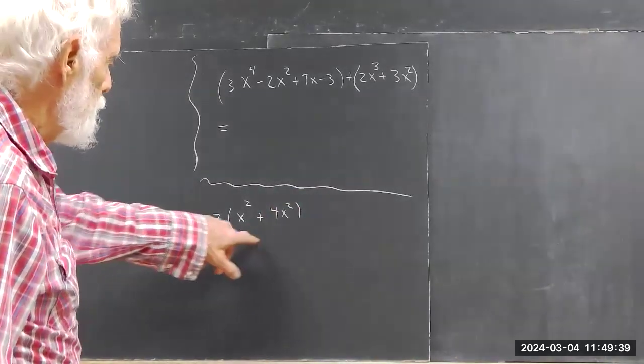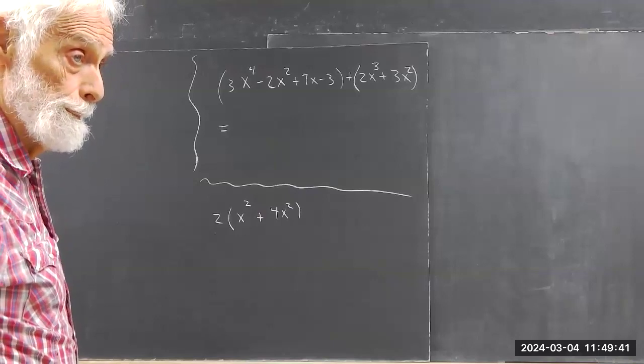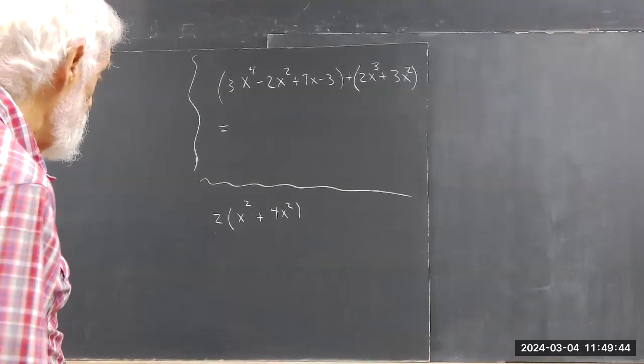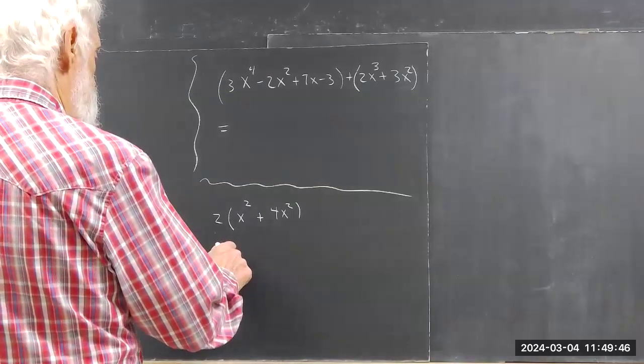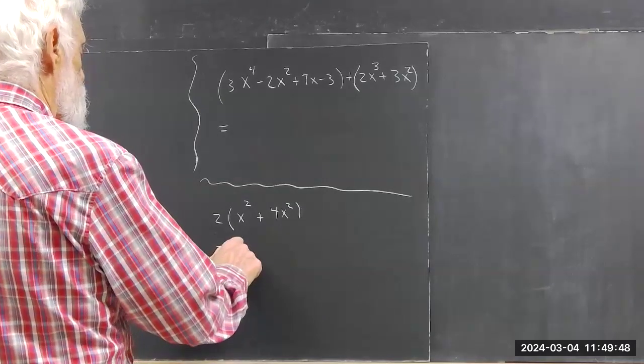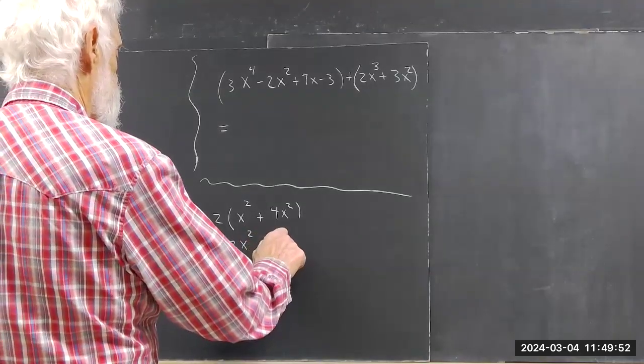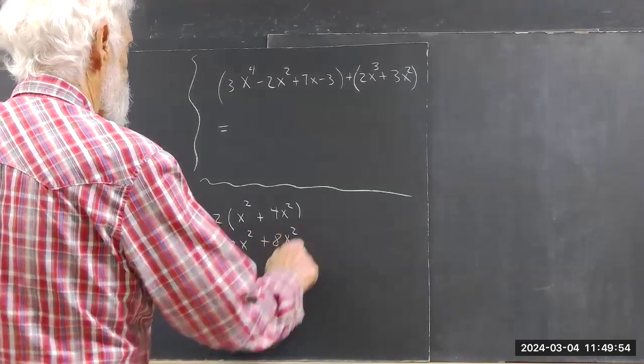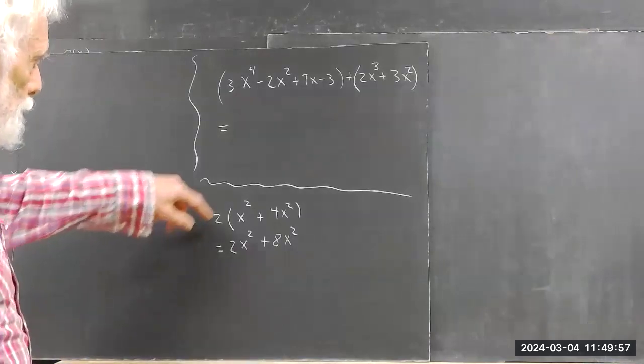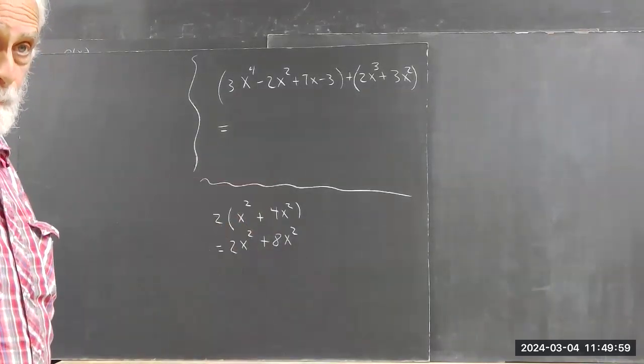2 multiplied by x squared plus 4x squared. What's that? Well, that's 2x squared plus 8x squared, because 2 multiplies each of these.